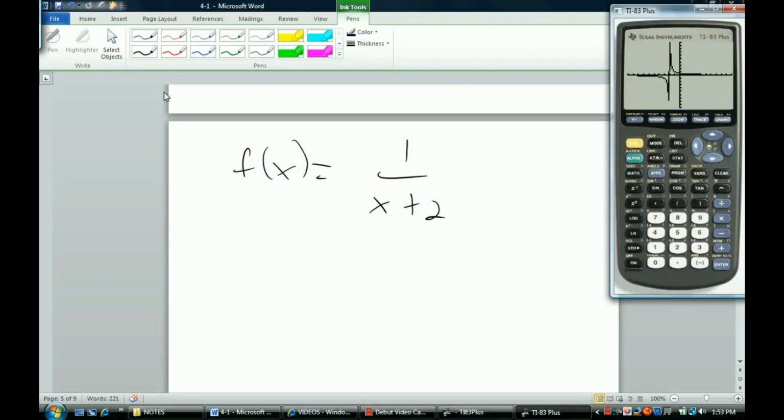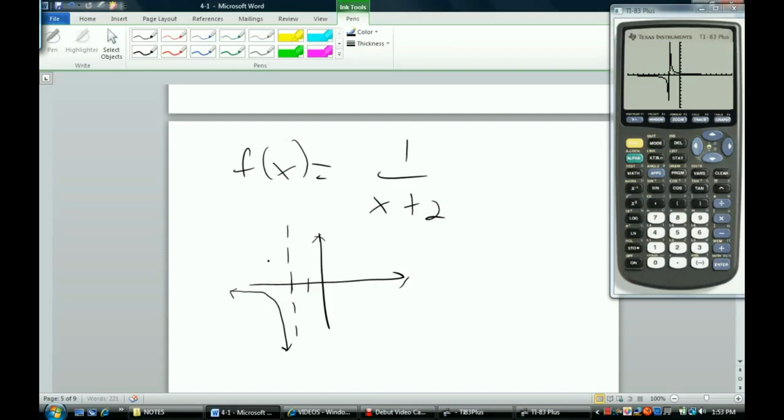And so you see a similar kind of shape that's been shifted over. Now if you look at it, it's actually over left 2. That's that negative 2. Now you'll see a line in the middle that's not there. It's called an asymptote. So I'm going to draw a dotted line. You'll learn more about this later on in class, but this is how it looks.